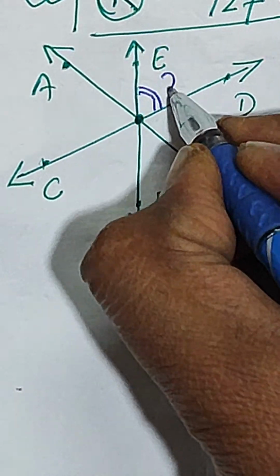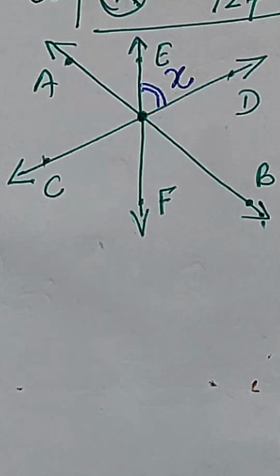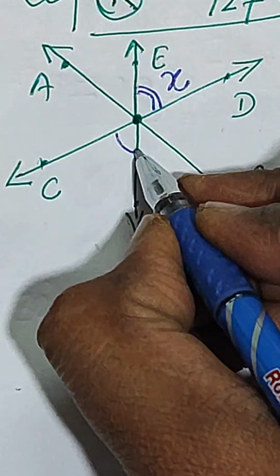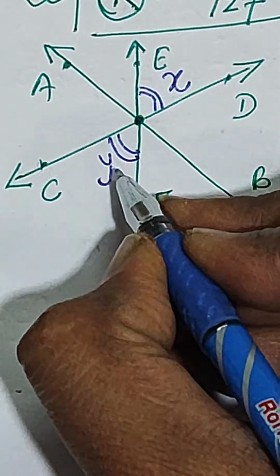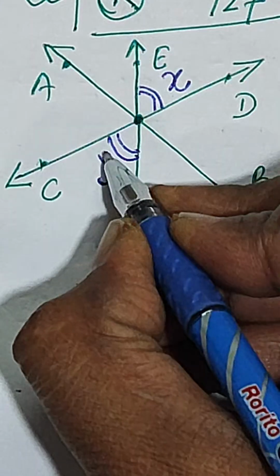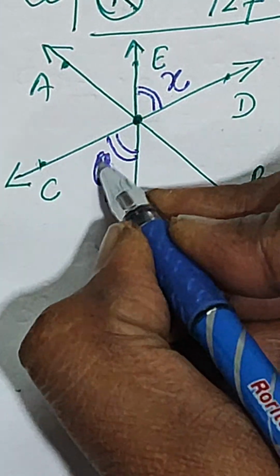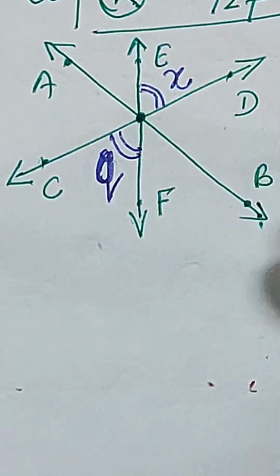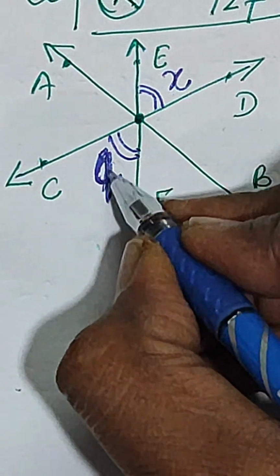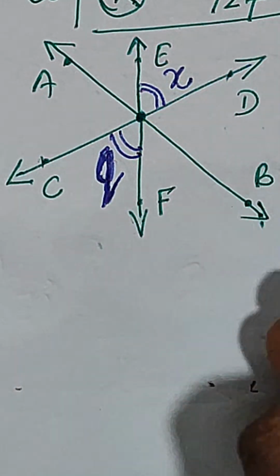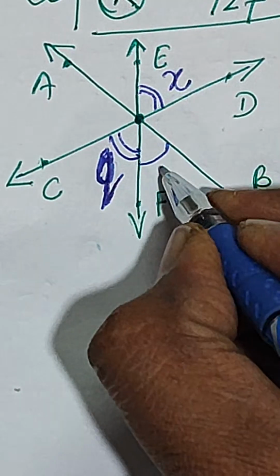This is x. This is given as equal to Q. This is Q. And this one is y.